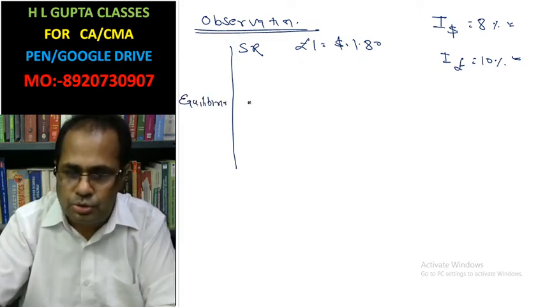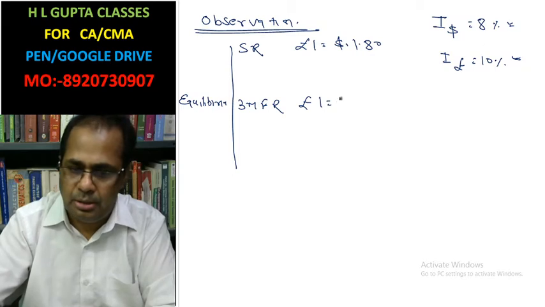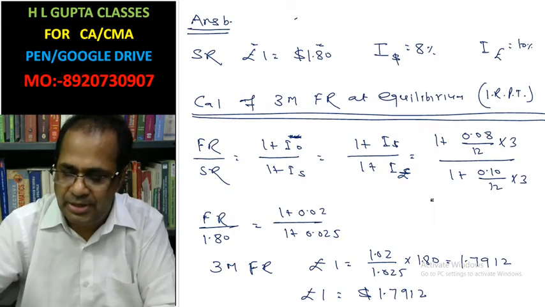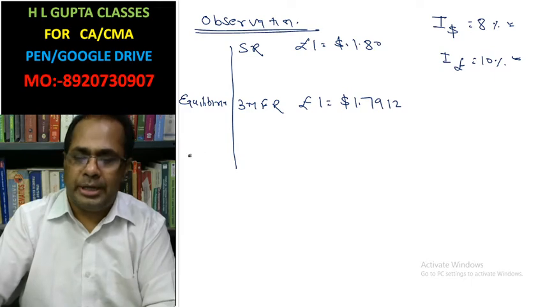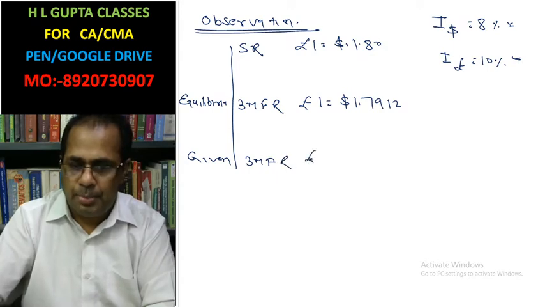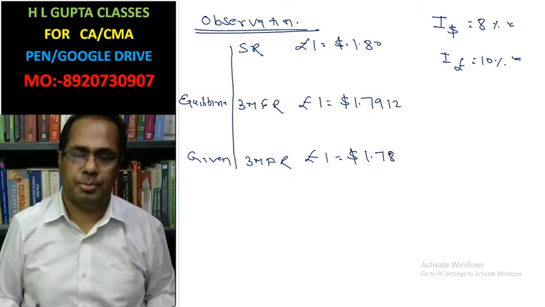At equilibrium, the pound should depreciate to the 3-month forward rate: pound 1 equal to dollar 1.7912. The given 3-month forward rate is pound 1 equal to dollar 1.78.